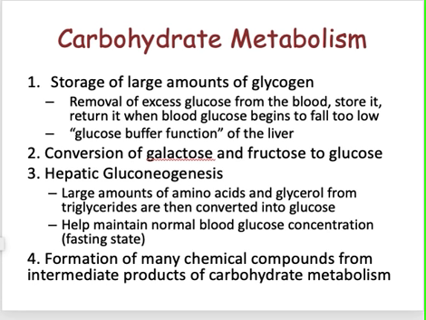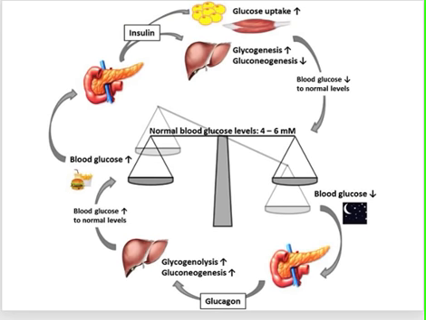So when you eat, your liver is able to remove the excess glucose from the blood. It's stored as glycogen, and when your body needs it, when your blood sugar becomes too low, the liver can be mobilized to release glucose from your stored glycogen. And this is called the glucose buffer function of the liver.